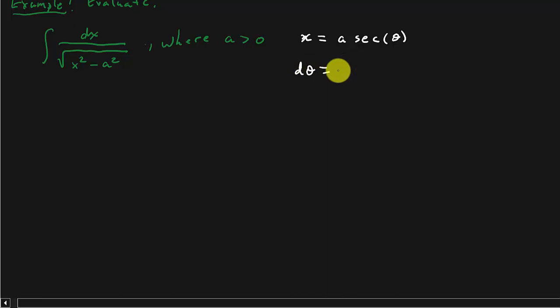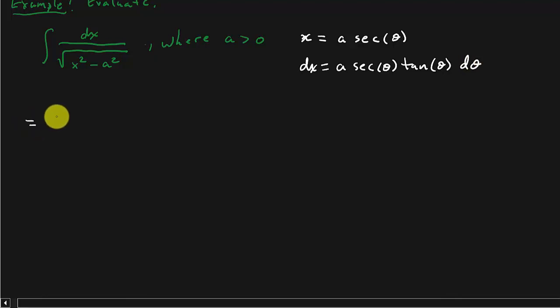And so dx is what? Well, what's the derivative of secant? Why did I put d theta? dx is a secant theta tangent theta d theta.